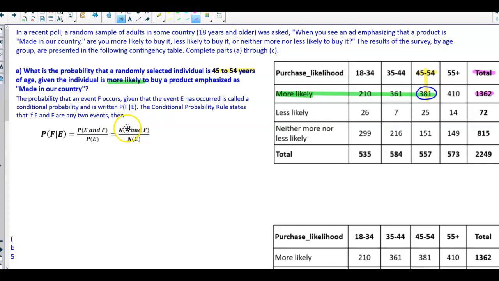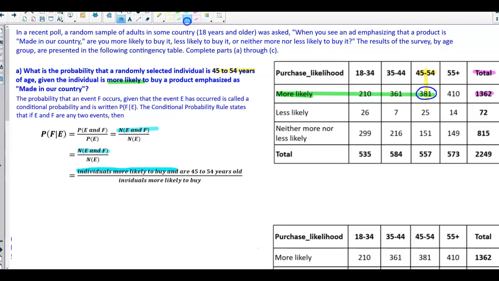So what is the number of outcomes where a person is more likely to buy in the age group of 45 to 54? Well, we can see that represents 381. So the numerator, the individuals more likely to buy and 45 to 54 years old, is 381. Now we need to find the total number of individuals who are more likely to buy.